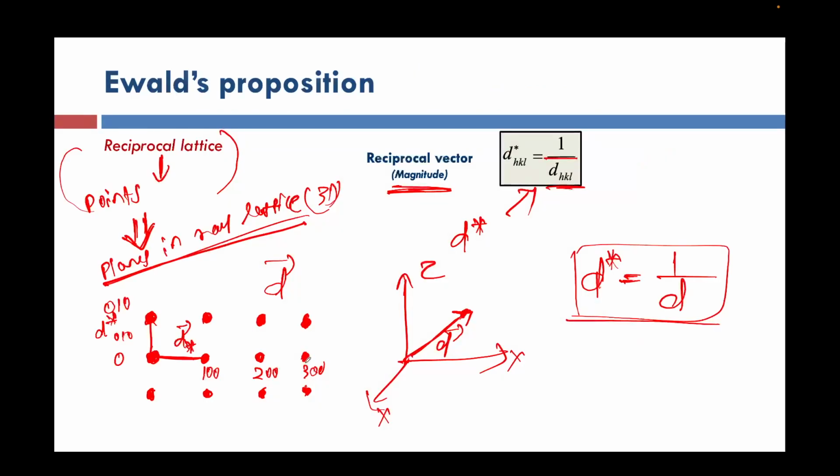When he told us to put all these three-dimensional real planes to a point in reciprocal lattice by the distance of the reciprocal vector, in their particular direction, it solved all our problems. What did it do? We are able to finally visualize all the planes.